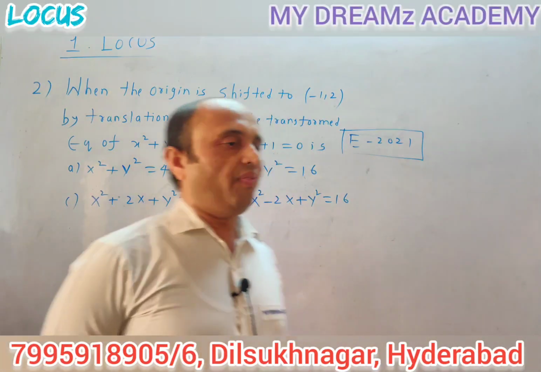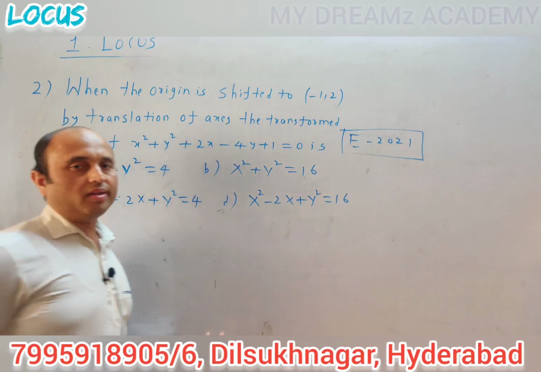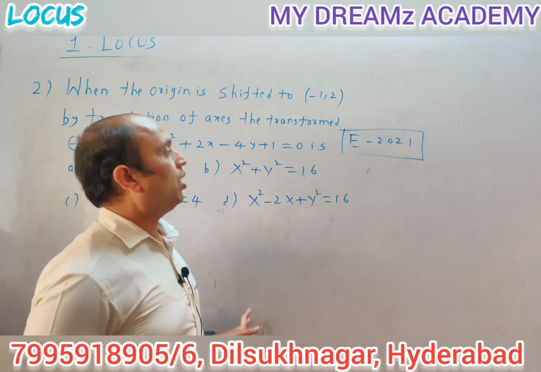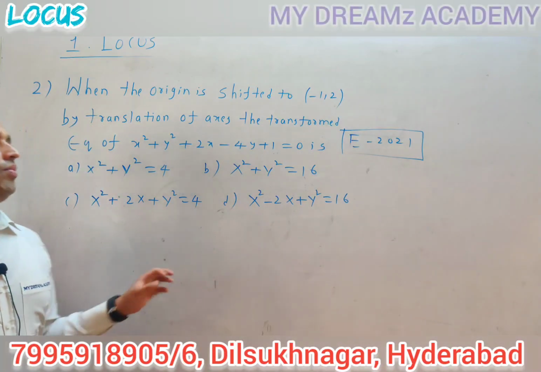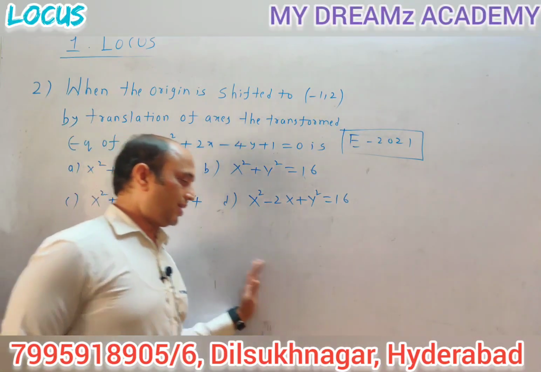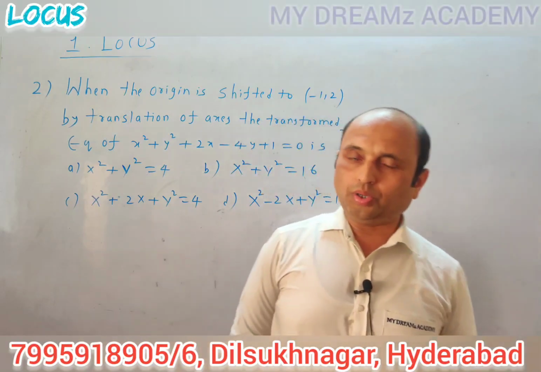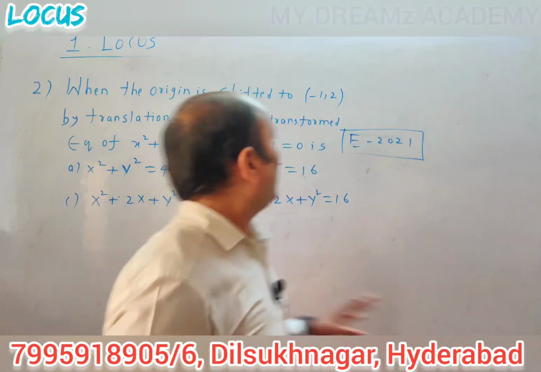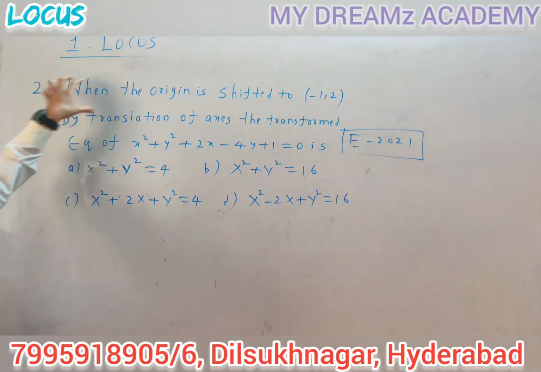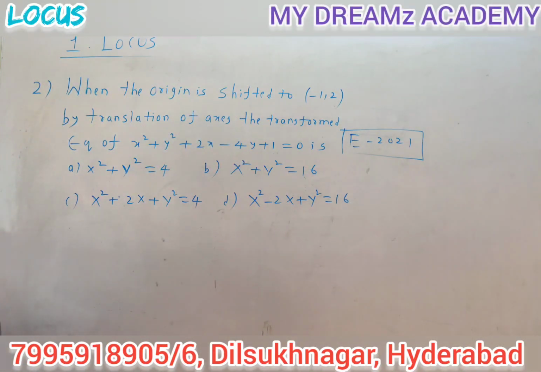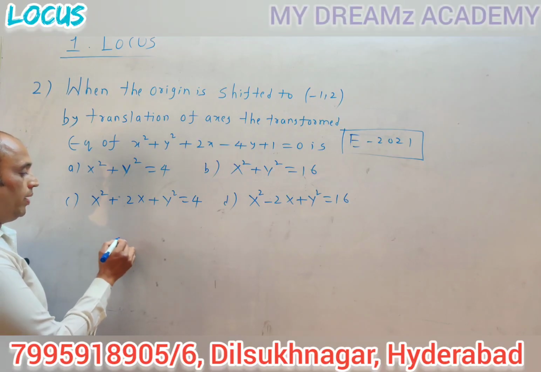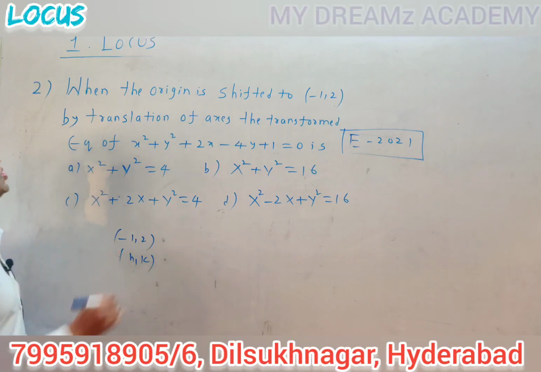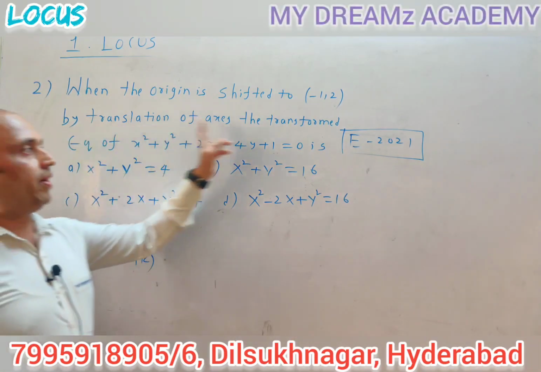Here we already know the change of axis and rotation of axis. When the origin is shifted to (h, k), the original coordinates expressed in the new coordinates are x equal to capital X plus h, y equal to capital Y plus k. Here the origin is shifted to (-1, 2), which is (h, k), by translation of axis.